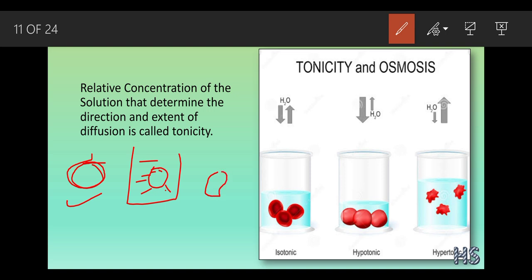As we can see in this arrow, there was less water intake and more water exit. Here in this case, more water got taken in and less water exited.